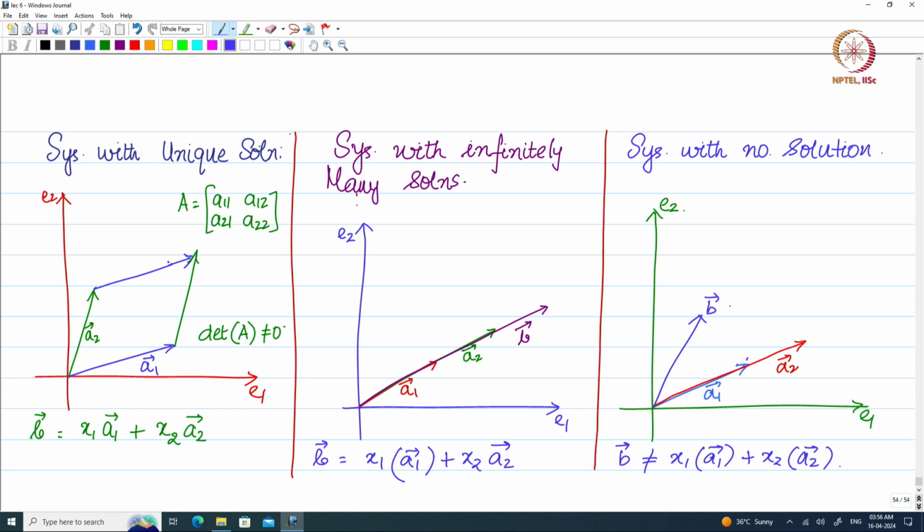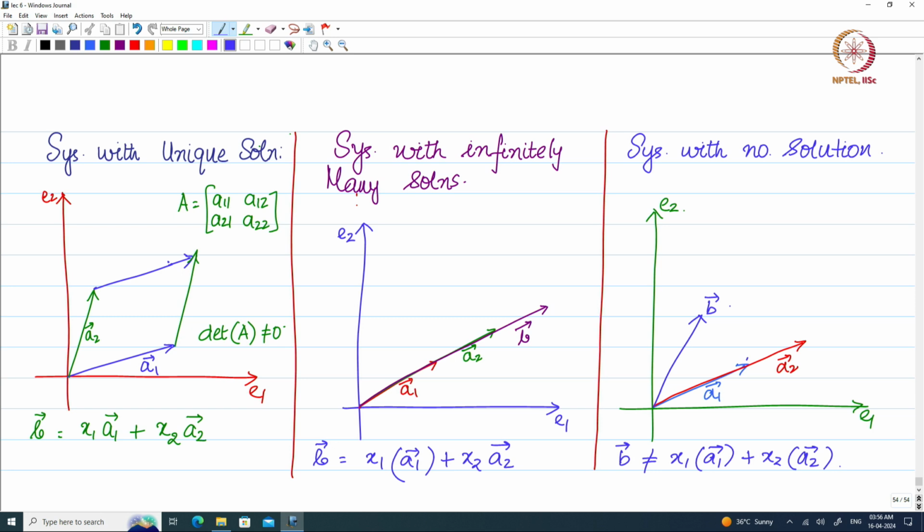If there is a system with a unique solution, then with the 2 columns of this 2 by 2 matrix you will be able to form a parallelogram with a finite, that means non-zero, area. That means the determinant of the matrix is not equal to 0, and that means for every B on the right hand side you get a unique solution X for the system Ax equal to B.